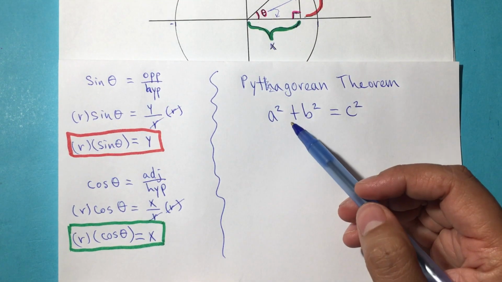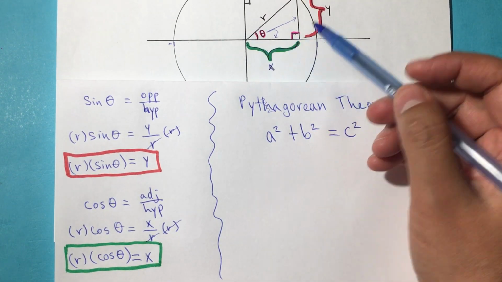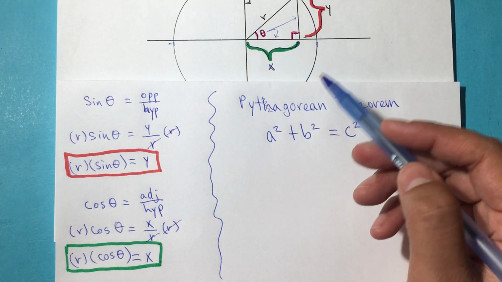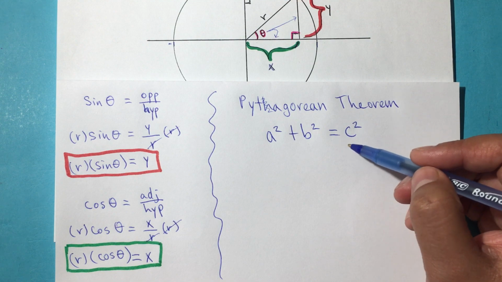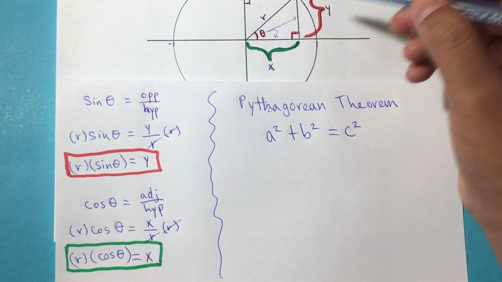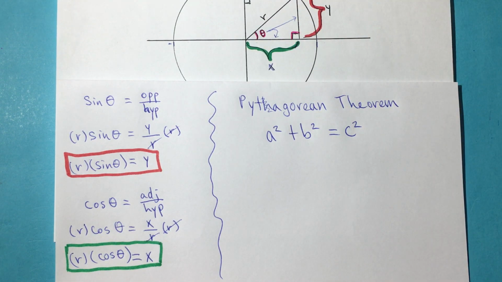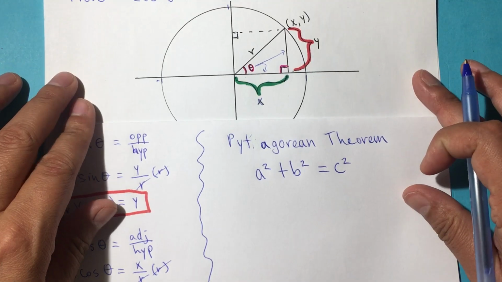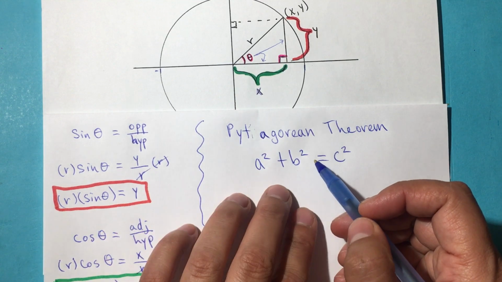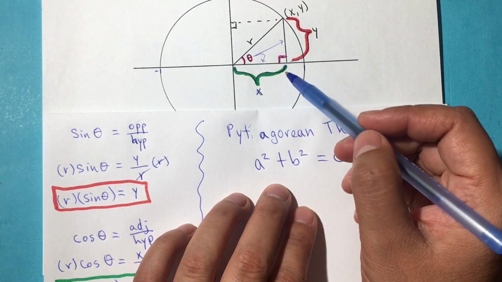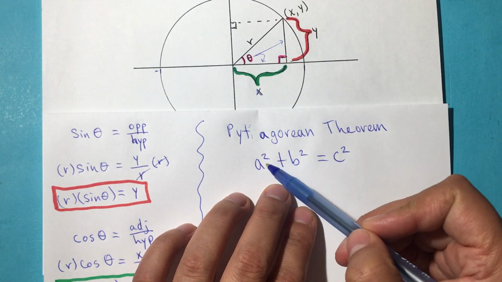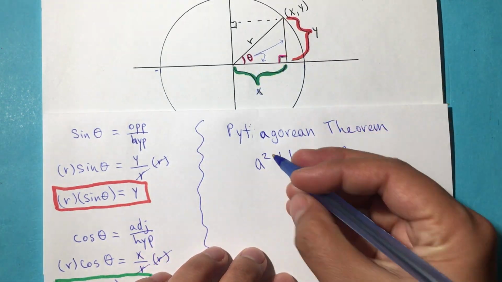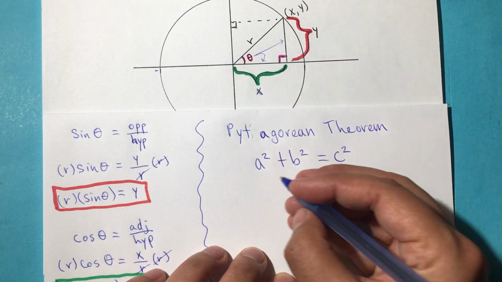Which means that the addition of the long leg and short leg, each one of them squared, is equal to the square of the hypotenuse. Okay, this is A, this is B, and this is C. And with the Pythagorean theorem, we can substitute with the information that we have here in our triangle. So A and B will always be the two legs. So we can substitute, and it doesn't matter which is which for the legs.